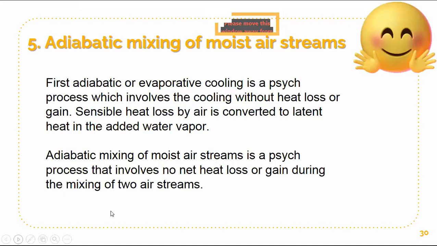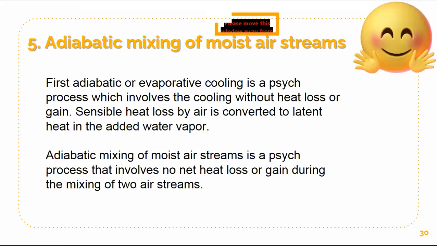Now, what about adiabatic mixing of moist air streams? For adiabatic or evaporative cooling in a psychrometric process, which involves cooling without heat loss or gain, the sensible heat loss by air is converted to latent heat in the added water vapor.